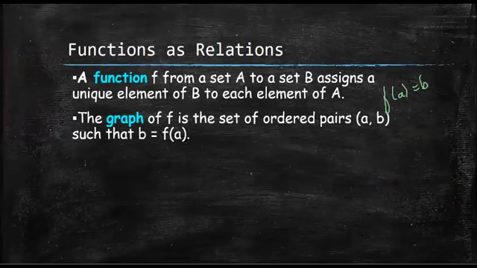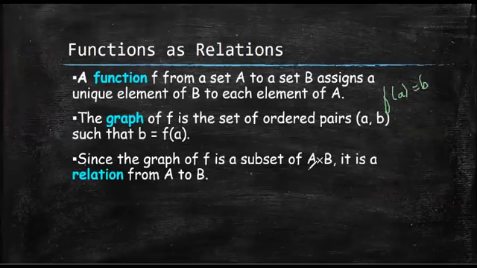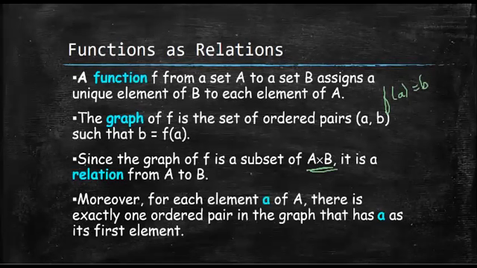This is also a subset of the Cartesian product A cross B, so it is also considered a relation from A to B. And for each element of set A, there is exactly one ordered pair in the graph that has a as its first element. So this is the definition for functions as relations.